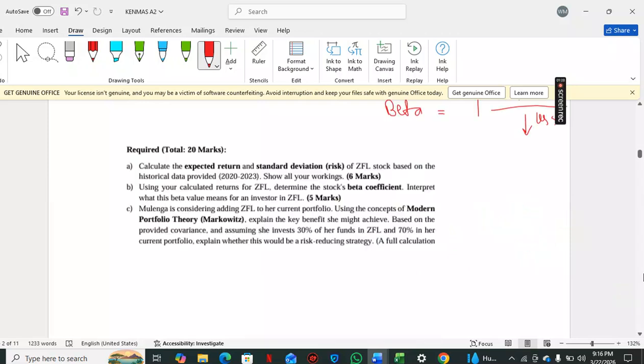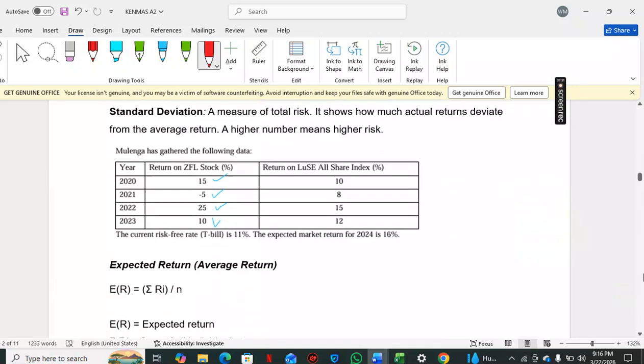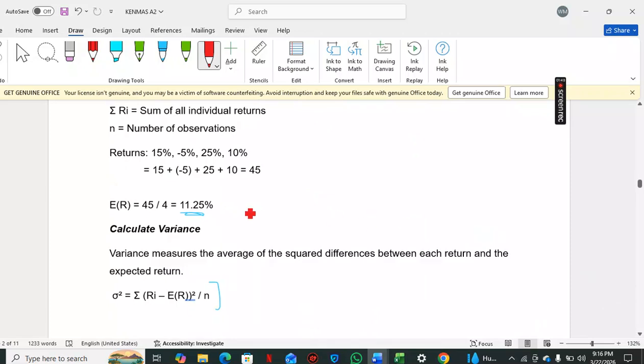So, just a recap, we calculated the returns for Zambezi Farms Limited. Remember, we added these and divided them by 4 because there are 4 years here: 1, 2, 3, 4. We got an expected return of 11.25%.